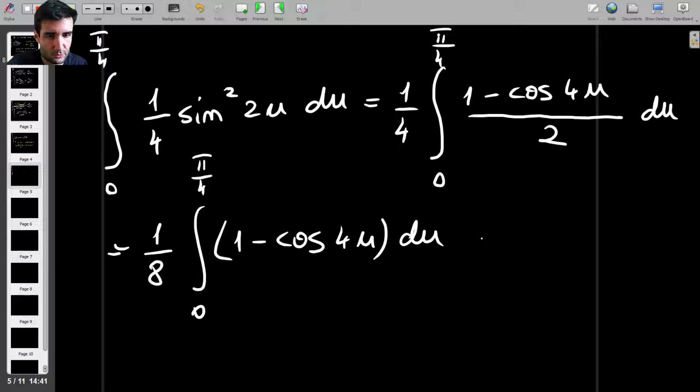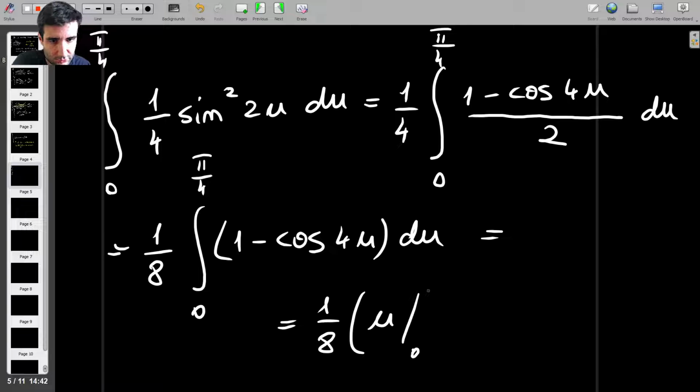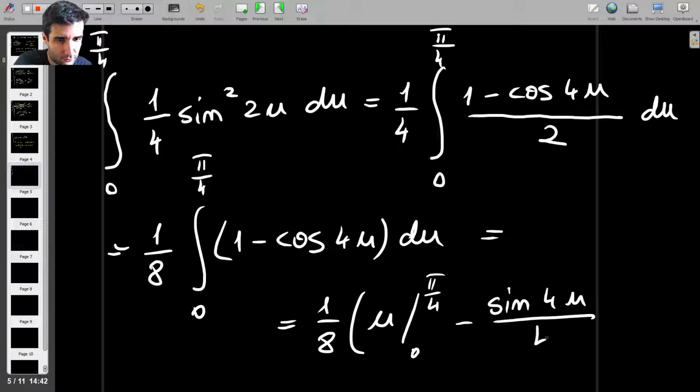So this will be 1 over 8. First we integrate the 1, which will just be u from 0 to pi over 4. Then we integrate cosine of 4u, which is sine of 4u over 4 from 0 to pi over 4.